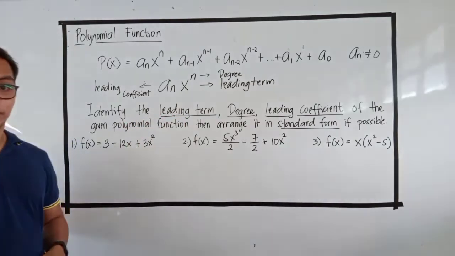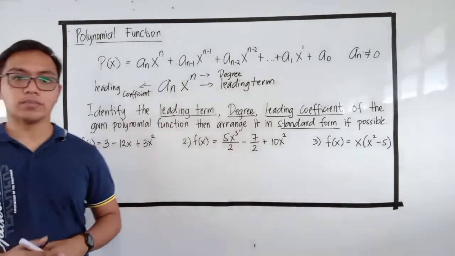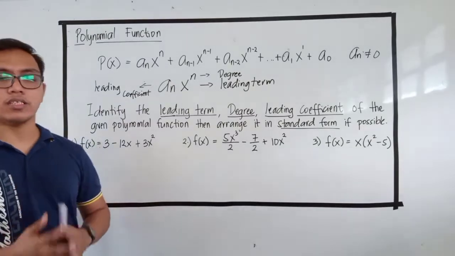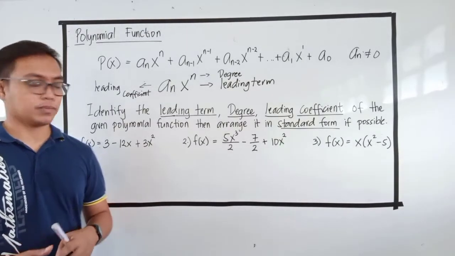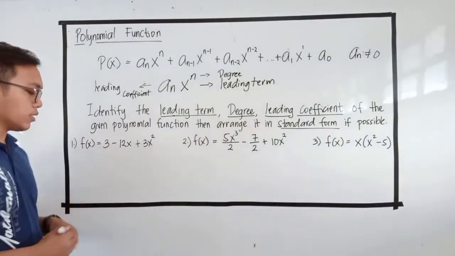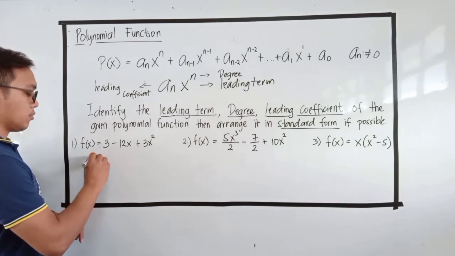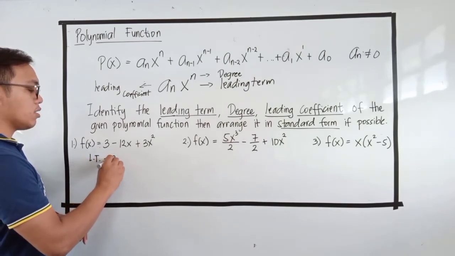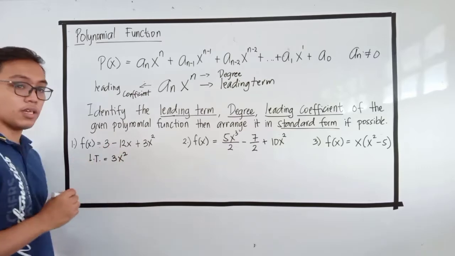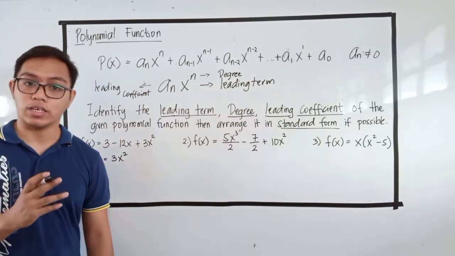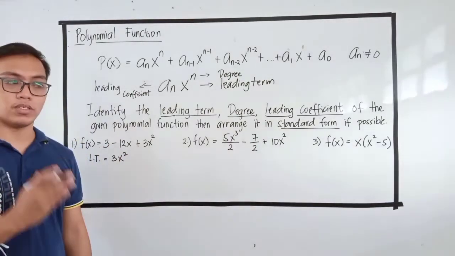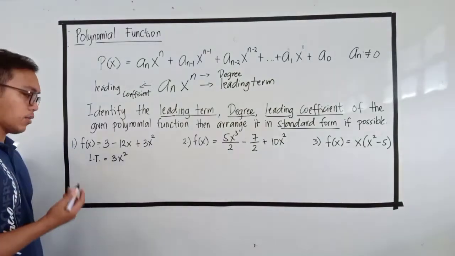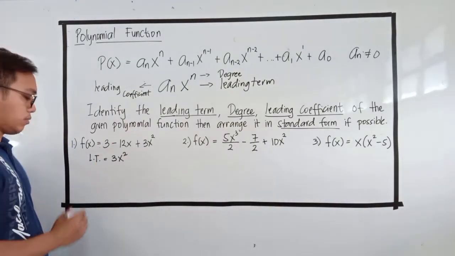What is the leading term? The leading term contains the highest exponent of the variable. In this given, the leading term is 3x squared, since it has the highest exponent of the variable. Now, what is the degree?